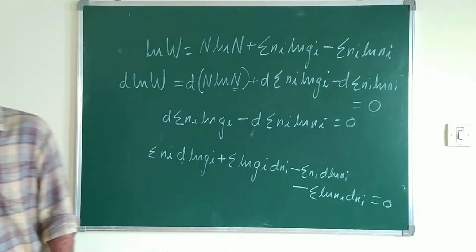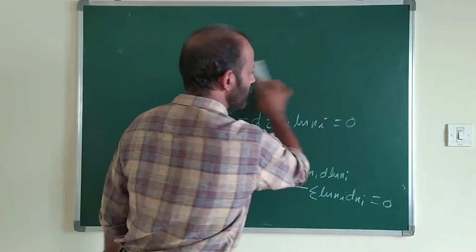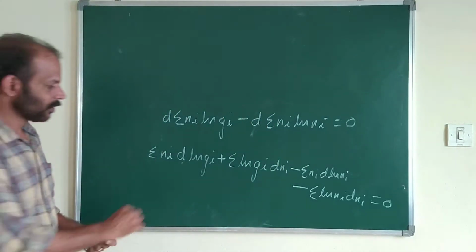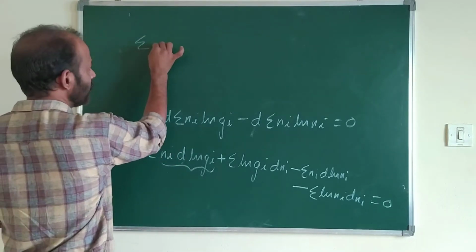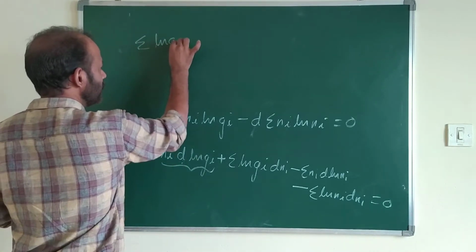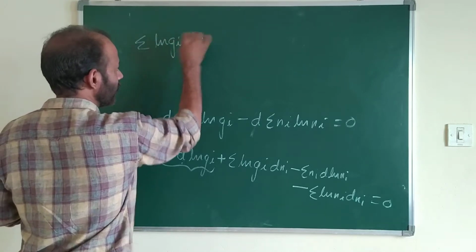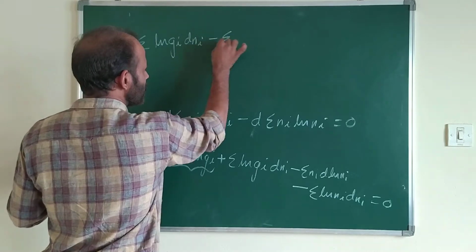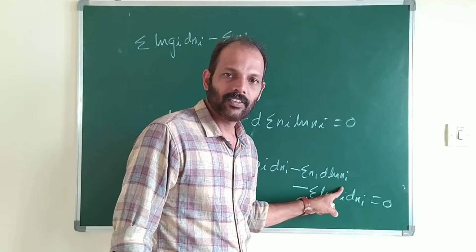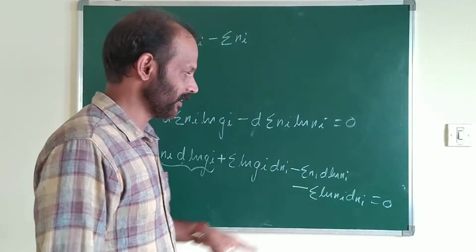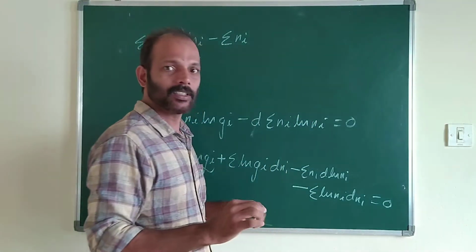So the remaining terms: this term will vanish, and the remaining term is sigma ln gi d ni minus sigma ni, the differential of ln ni.